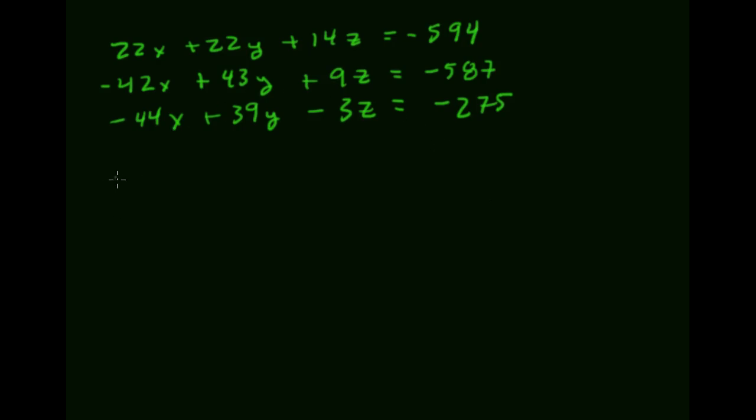So the trick to this is we're going to build what you call a matrix. And we're going to strip out all the variables and just keep the coefficients. So on the left-hand side here, we're just going to write in those coefficients.